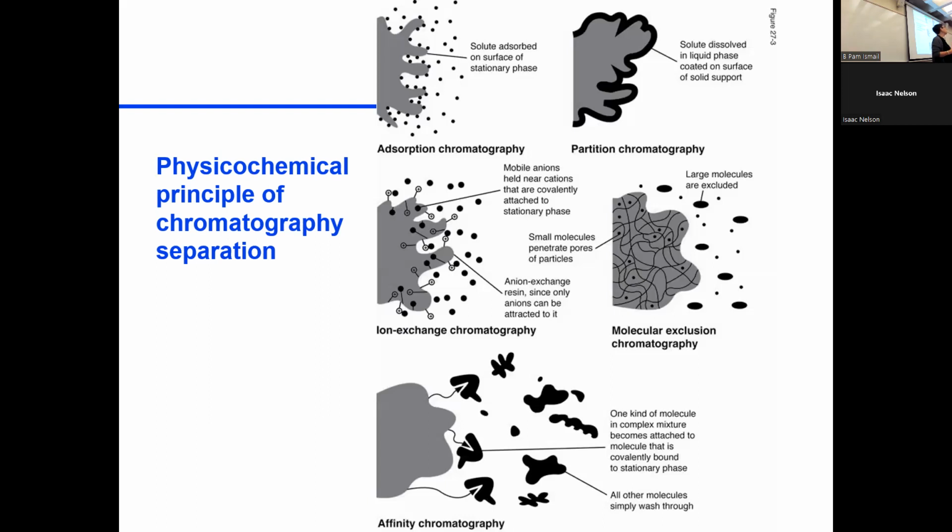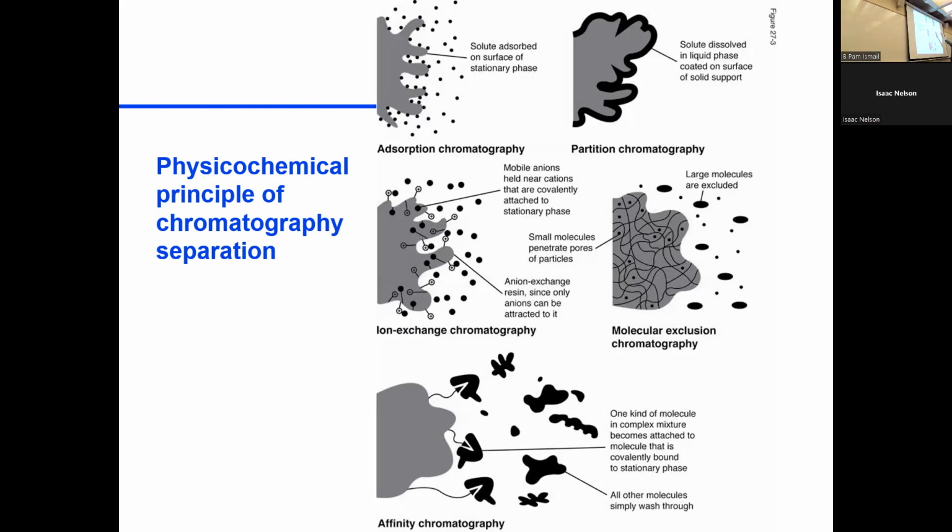In order to get separation, you need interaction with the stationary phase, but the interaction is not covalent, because if it were, it would be almost permanent. So your interactions are via non-covalent molecular interaction. These components adsorb on the functional groups of your solid stationary phase.